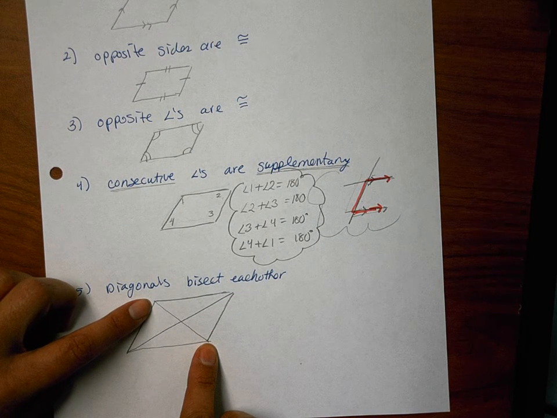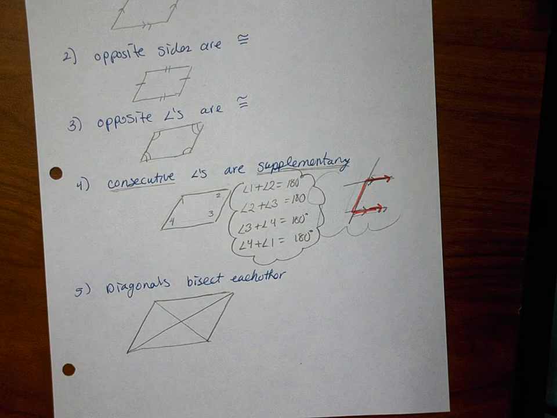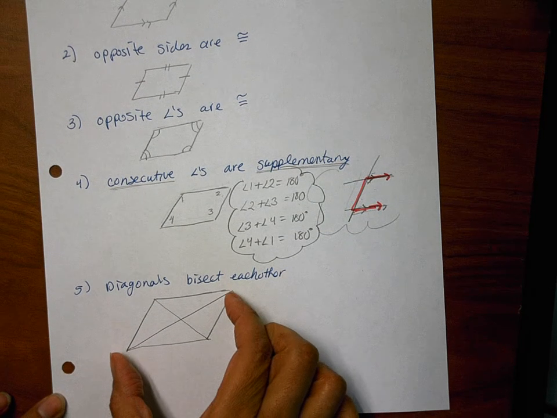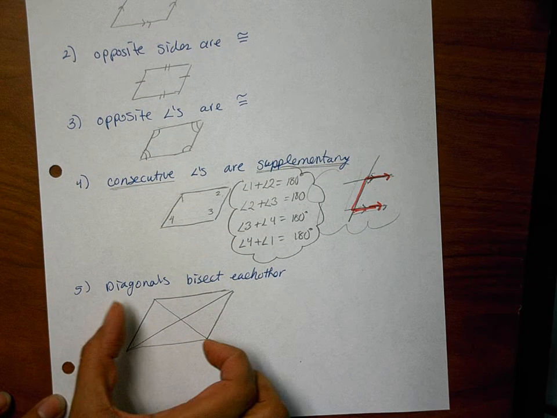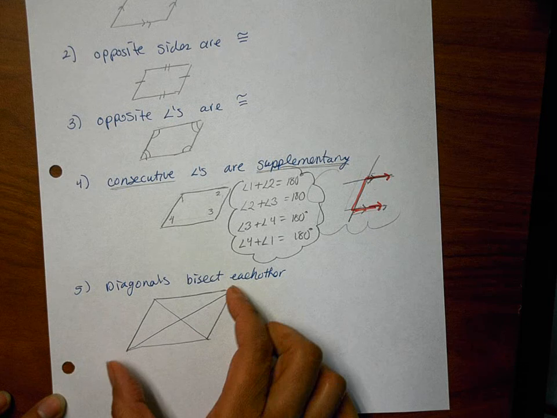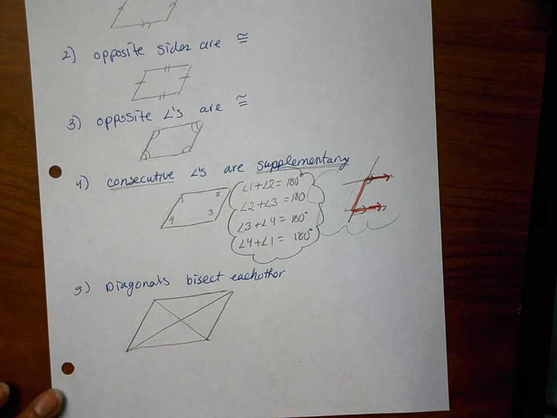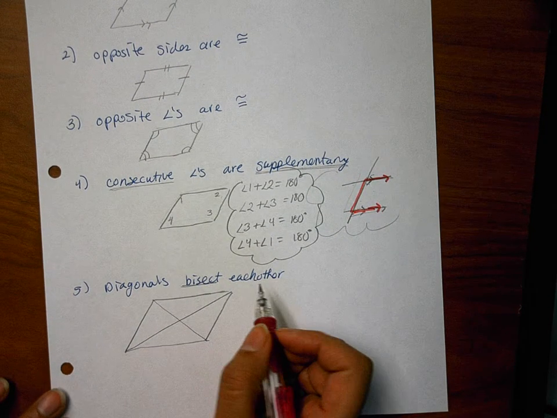There is a special parallelogram where that does happen, but we're not doing that today. Today we're talking about all parallelograms. So in all parallelograms, this side will not always be equal to that. So the diagonals are not equal, but they do bisect, meaning they cut each other in half.